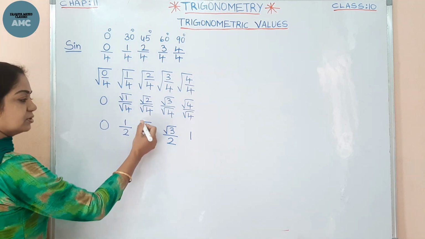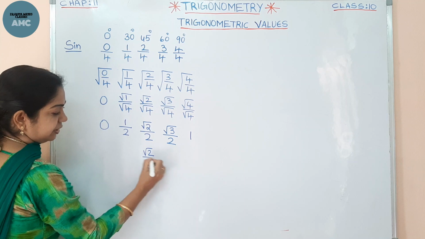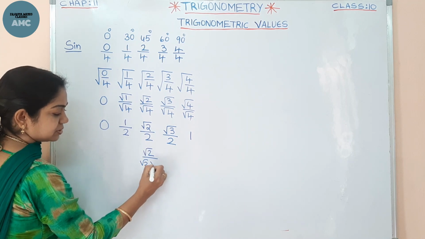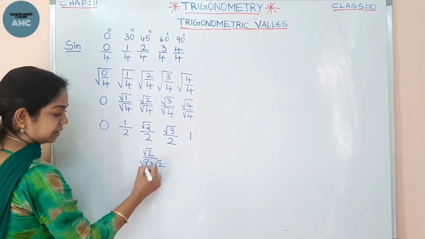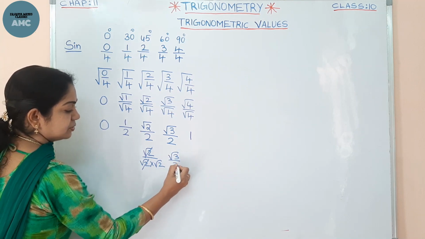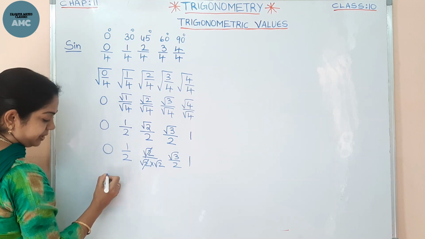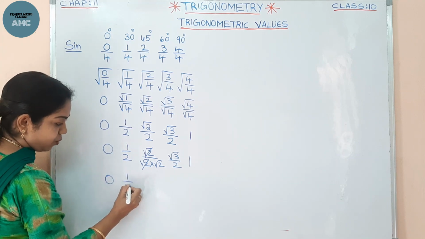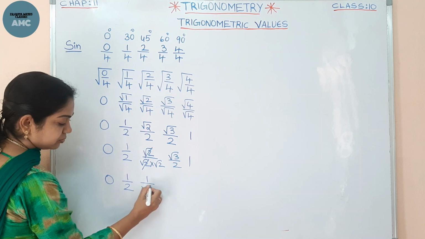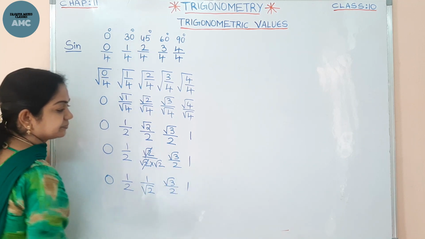That means the values are 0, 1 by 2, 1 by root 2, root 3 by 2 and 1.